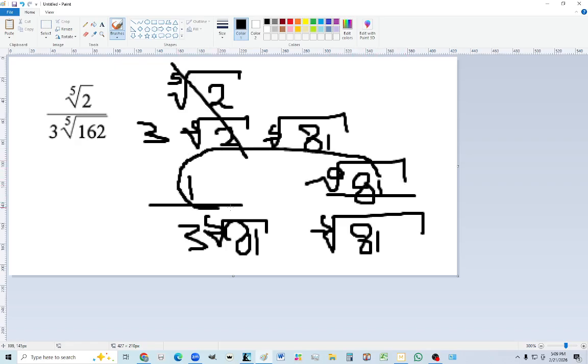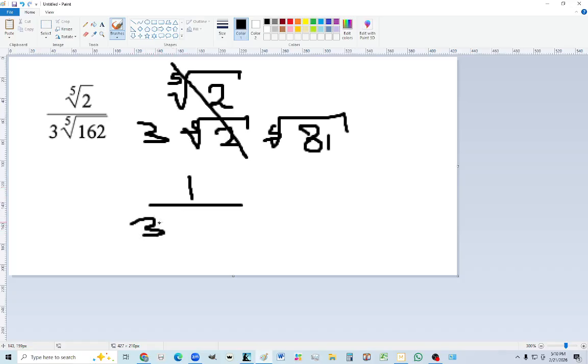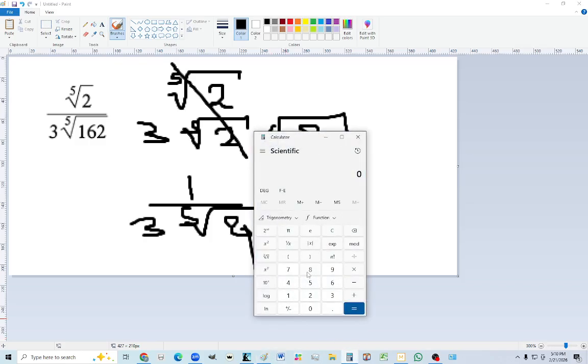Up top, this becomes 5 root of 81. Down below, when these cancel, it's the same rule. No, it's not the same rule, actually. It's now the square of that because it's a 5 root. It doesn't become 81. So up top, I have the 5 root of 81. This is interesting. I think your teacher might have made a small error here. 5 root of 81 is the same as 81 to the power of 1 over 5.